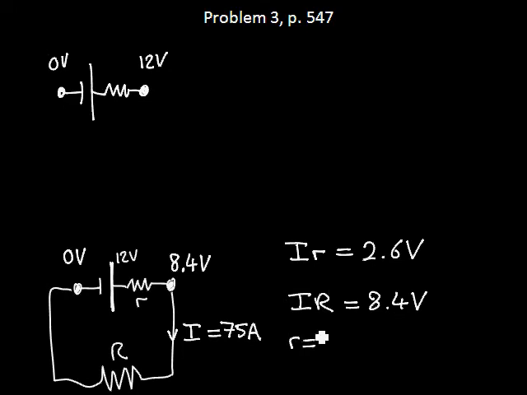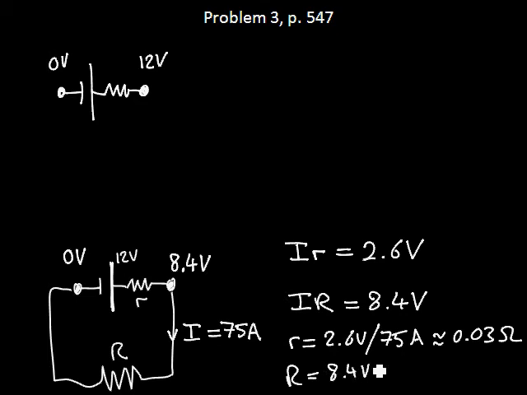The internal resistance is 3.6 volts divided by 75 amps, which is about 0.05 ohms. And the external resistance, the resistance of the starter motor, is 8.4 volts divided by 75 amps, and that's roughly 0.1 ohms or so.